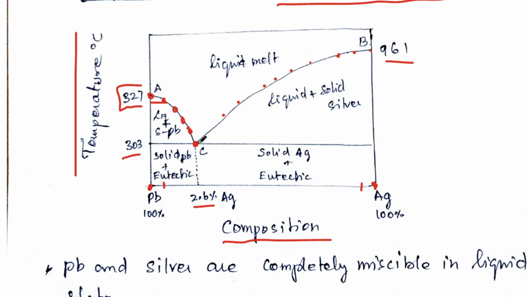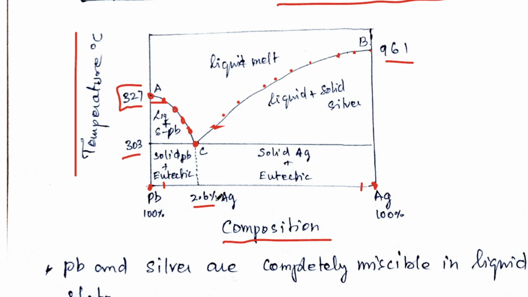This is the eutectic composition; if you take any other composition, the melting point will be higher. This is the lowest melting point, and it is called the eutectic composition. The eutectic temperature is 303 and the eutectic composition is 2.6% silver.